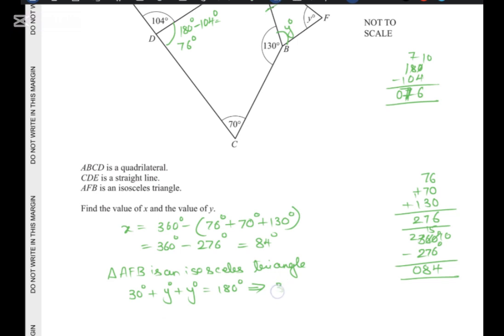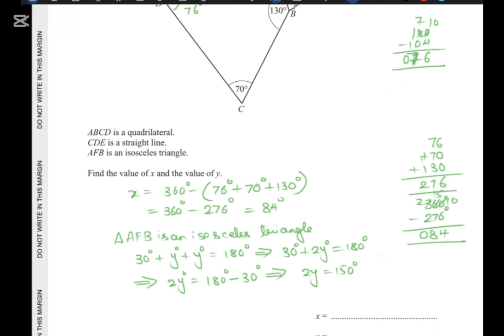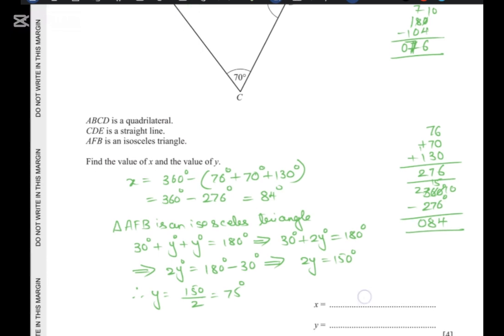So 30 plus 2y is equal to 180 degrees. Bring 30 onto the other side. 2y is equal to 180 minus 30. So 2y is equal to 150. Therefore y will be 150 divided by 2, that is 75 degrees. So we got the values of x and y here. x is 84 and y is 75.